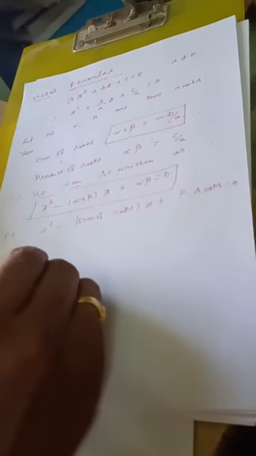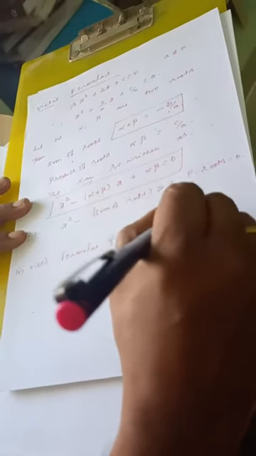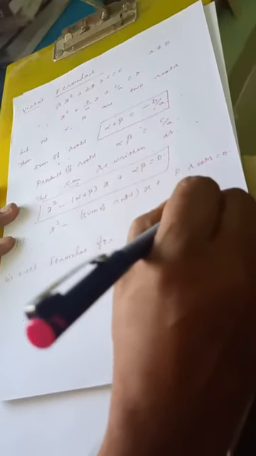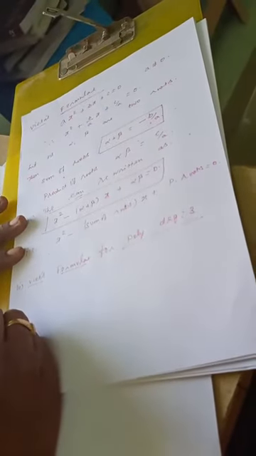Now the second part, that is the cubic equation. Vieta's formulae for the polynomial of degree 3 give the relationship.